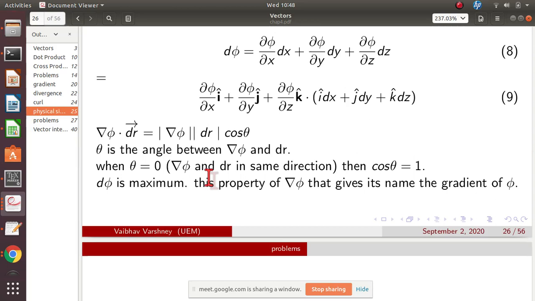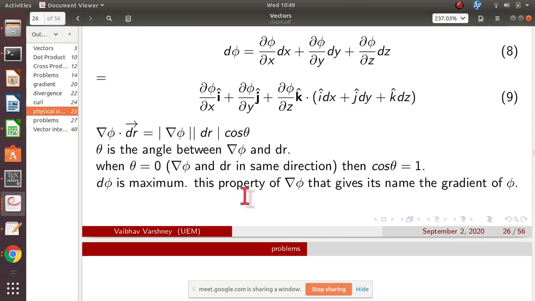So if any vector is irrotational, then the curl of that vector should be 0, but gradient is operating on a scalar function, so it doesn't have any relation with rotation or anything like that.